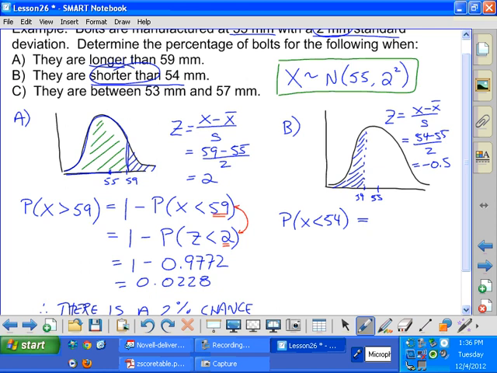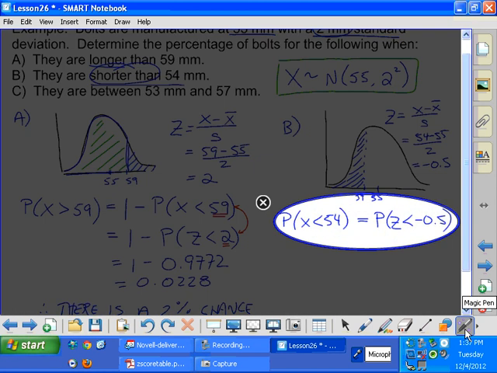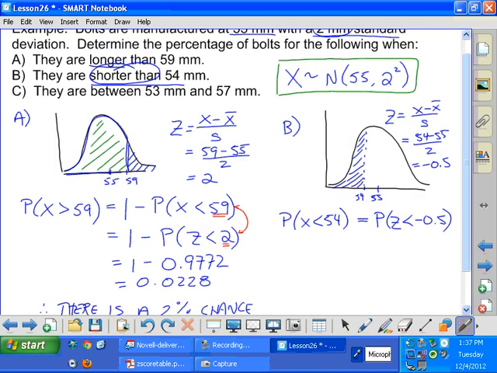So the probability that a bolt is shorter than 54 is the area I want, so I can go straight to a Z-score statement: a Z-score that's less than negative 0.5. These are equivalent statements. One deals with the actual data value, the other with the Z-score value.